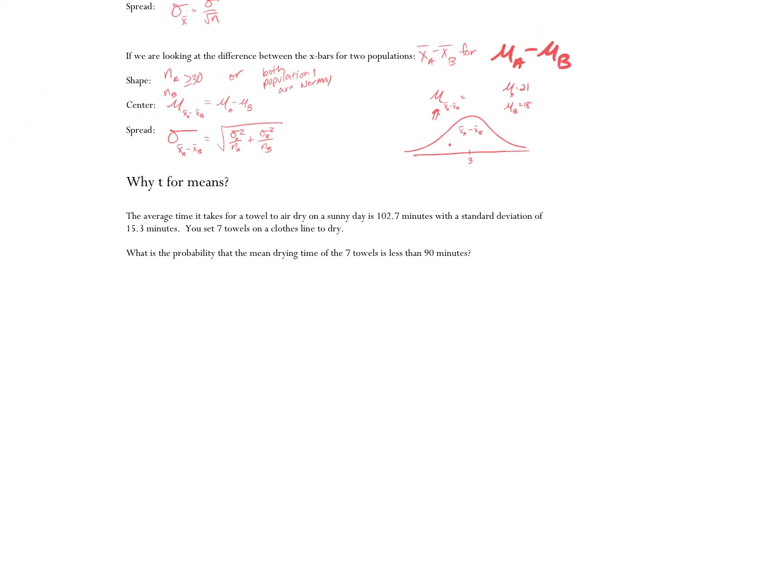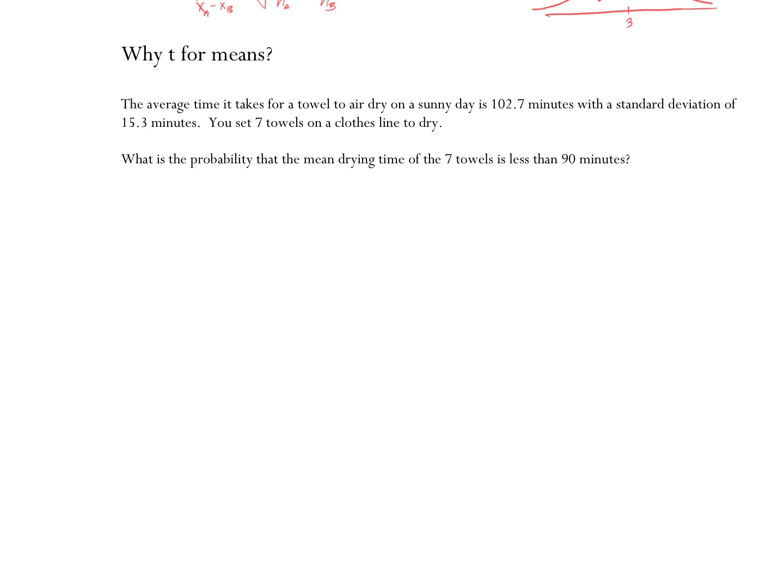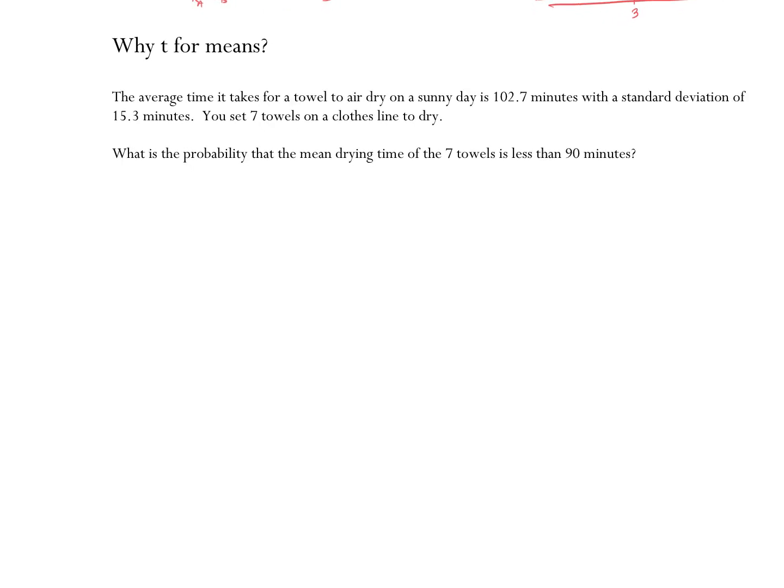The average time it takes for a towel to air dry on a sunny day is 102 minutes with a standard deviation of 15. You set 7 towels on the rack to dry. What is the probability that the mean drying time of 7 towels is less than 90 minutes? Oof.